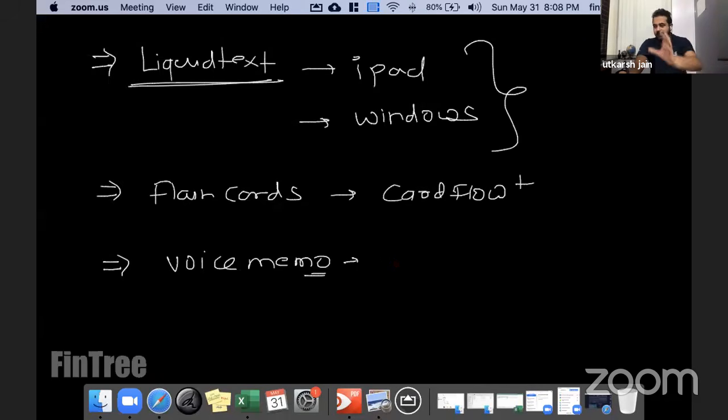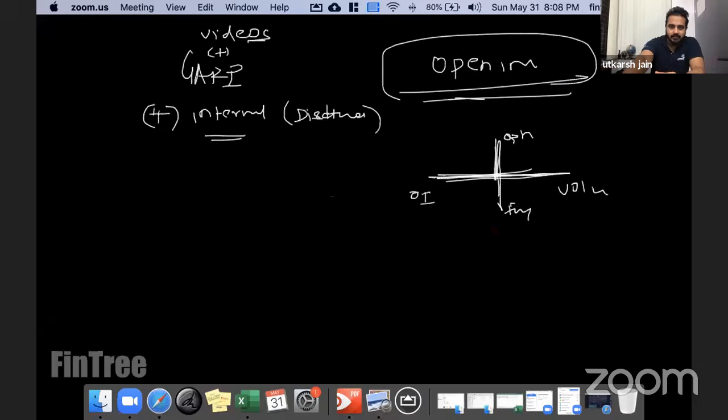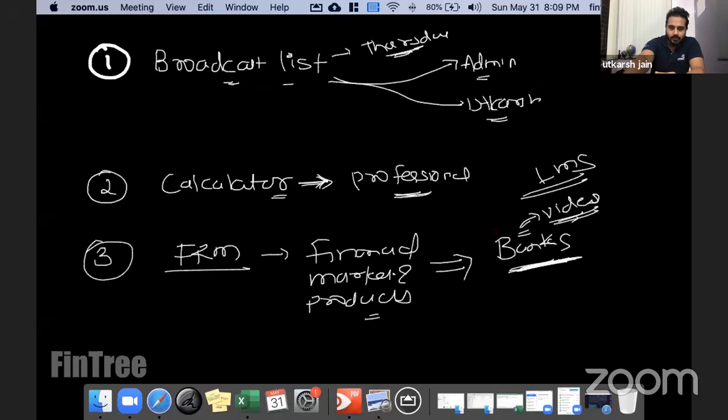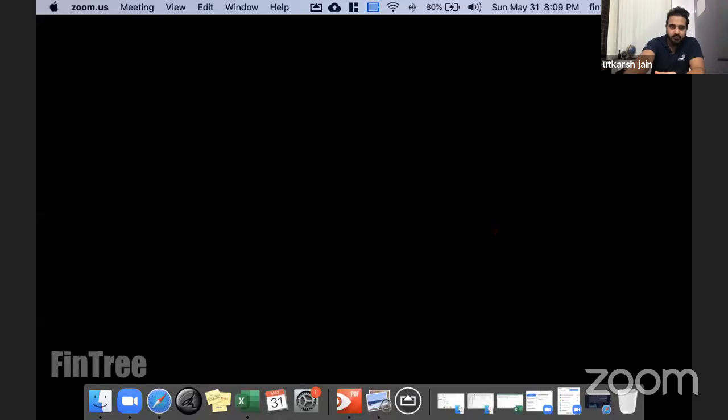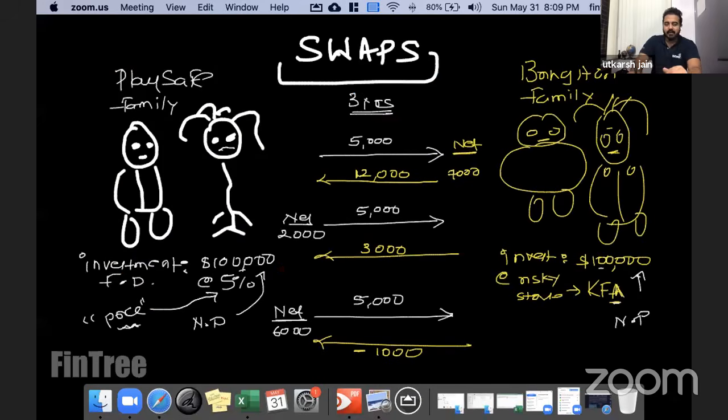Then whenever I'm driving, I would play all these voice memos one after another, and that's a very smart way of revising. For example, today we did something on swaps, and I told you that the notional principal is not exchanged. Do you remember that this 100,000 was not exchanged? So at the end of the class, just open up your mobile phone and say to yourself that in most of the swaps, notional principal is not exchanged.